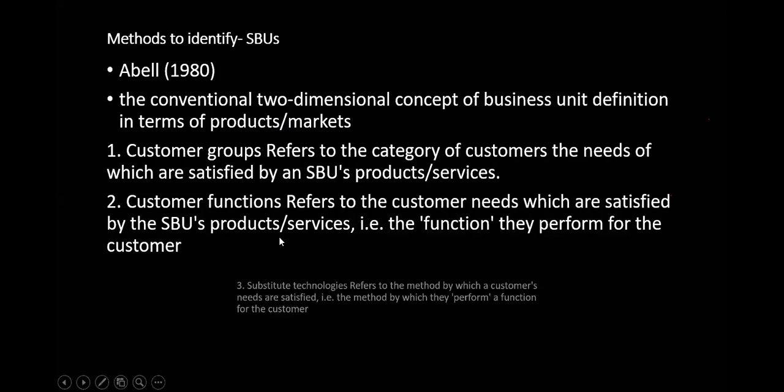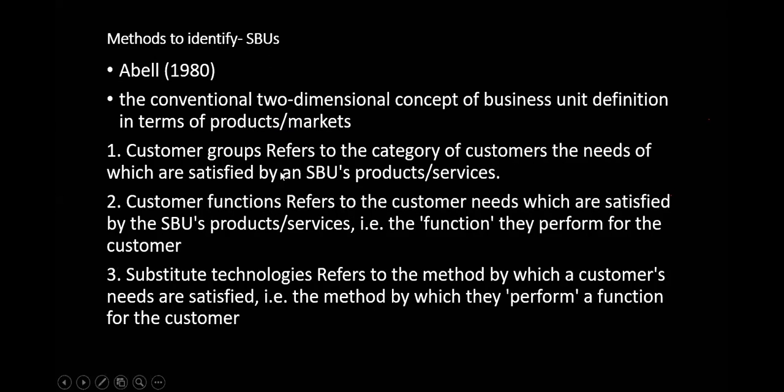First, he's focusing on customer group. Customer group refers to the category of customers whose needs are satisfied by an SBU's product or service. Maybe high income people, maybe professionals, maybe frequent travelers. You have to define the customer group.